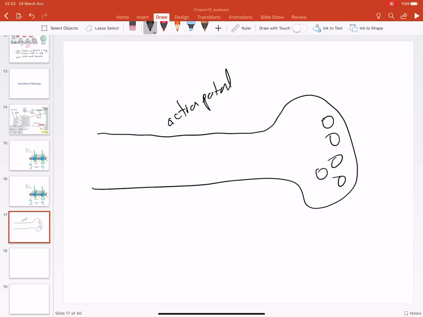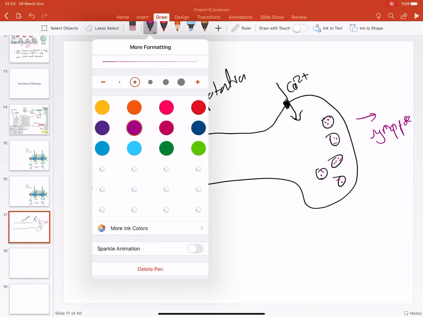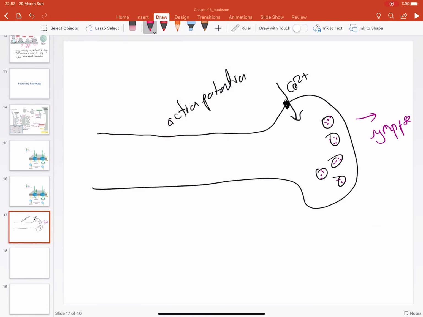Once the action potential comes, chapter 12, remember, the calcium channels open, so all the calcium here moves in, and this calcium activates some pathways here, which I didn't explain to you. So all the neurotransmitters here are released to the synapse because the vesicles now fuse with the help of snare proteins.